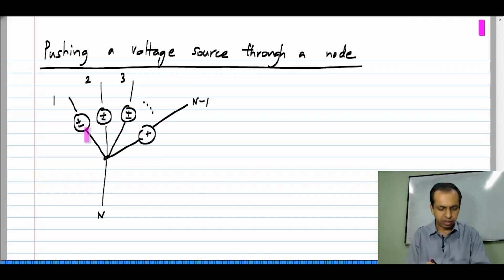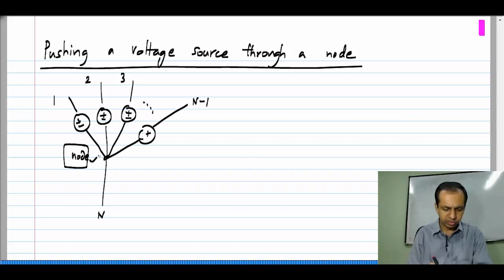That means that the negative is connected to this node here. This is the node of concern. There will be other nodes in the circuit, but this is the node we are focusing on. And there are a number of voltage sources, all of them defined negative towards the node, and all of them have exactly the same voltage V naught.